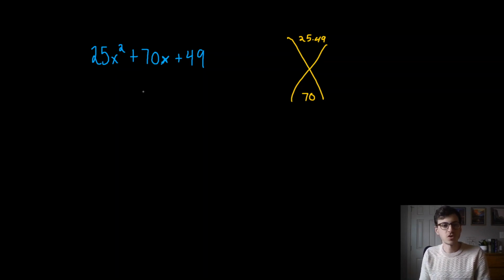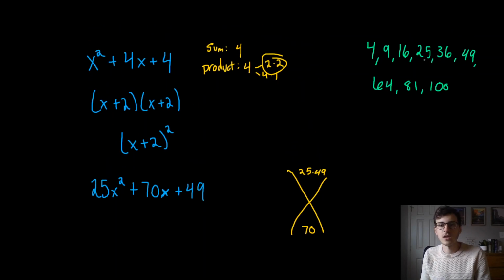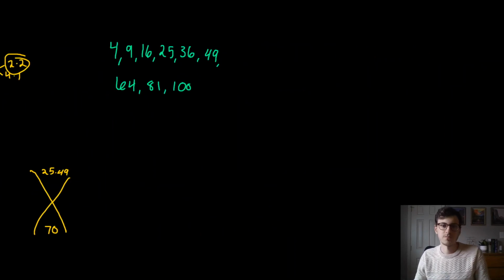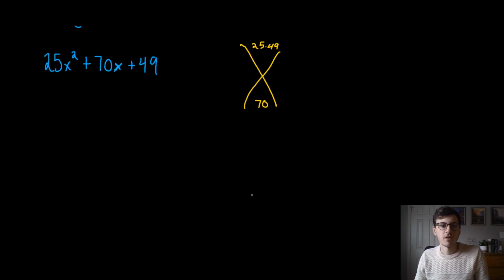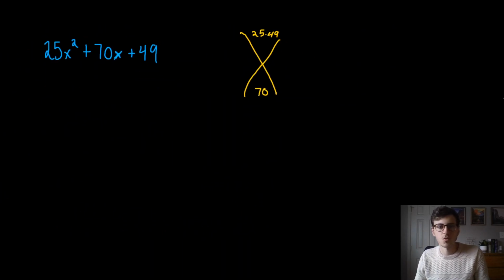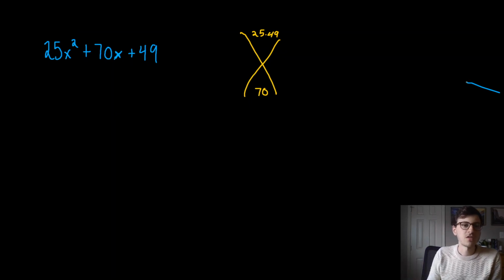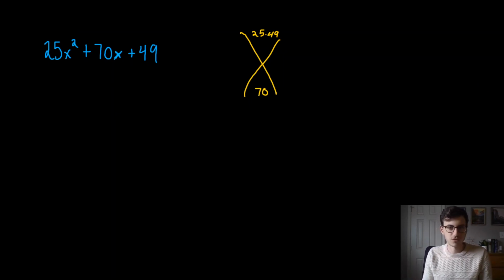So two things should key you off there, just like I just wrote out all of these perfect squares. Here I see that I have a perfect square at the start with 25 and a perfect square at the end with 49. So I should be keyed off that whatever this 25x squared is has to be the product of two numbers. And 25x squared is actually kind of nice because what multiplies to 25?